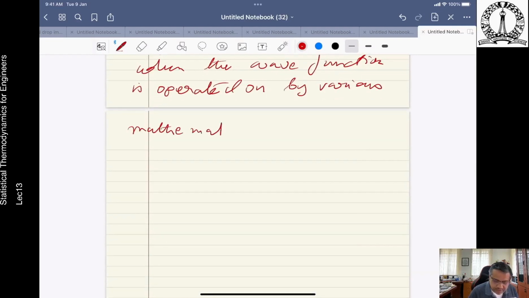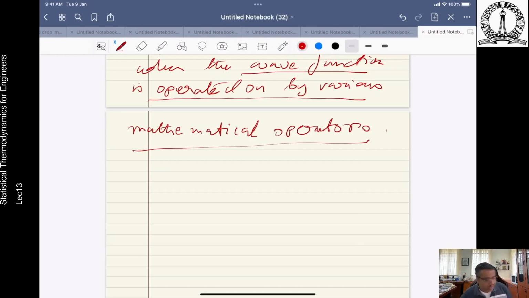That's where the physical significance comes from. You understand? Only the wave function which is operated by different mathematical operators, then only we get a physical significance associated with it. Okay?